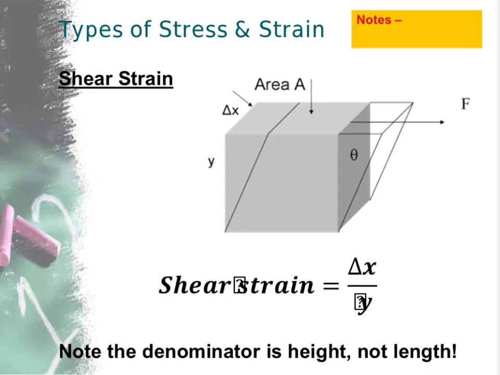Now strain, shear strain, again is a little bit different than the strain that we dealt with when we were talking about tension and compression. Now we know that this force that we're applying, that's smearing this thing to the right, is going to cause the cube, or at least the top face of the cube, to move a distance delta x.